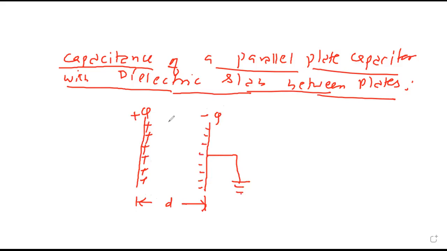If we keep one dielectric slab here of thickness T, then outside we have field due to air. I'm calling that E naught, going from positive to negative. Due to induction, here we get negative charge inside, and here we get positive. This is called polarization. So field is always from where to where? Positive to negative.